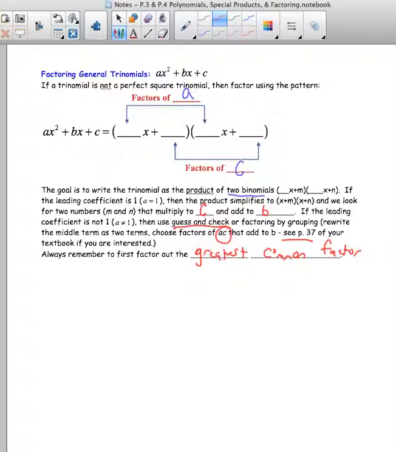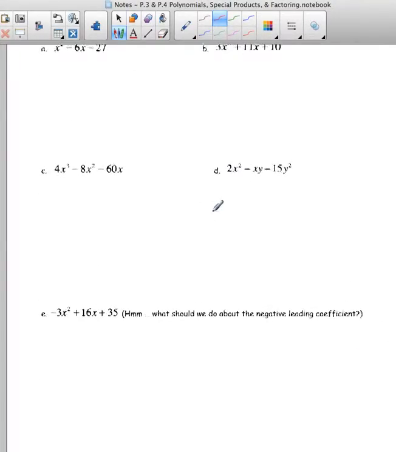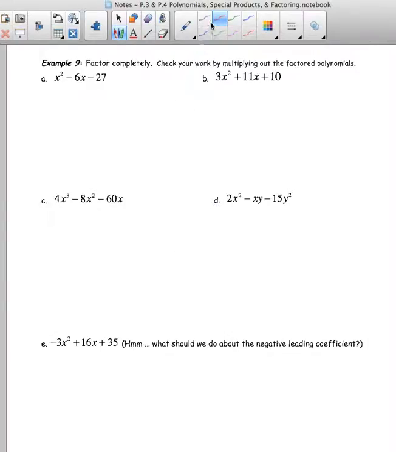So flip to the next page, and we're going to do some examples of factoring trinomials. The first one, we have x squared minus 6x minus 27. In this case, the leading coefficient is 1. So we're going to look for two numbers that multiply to negative 27 and add to negative 6.